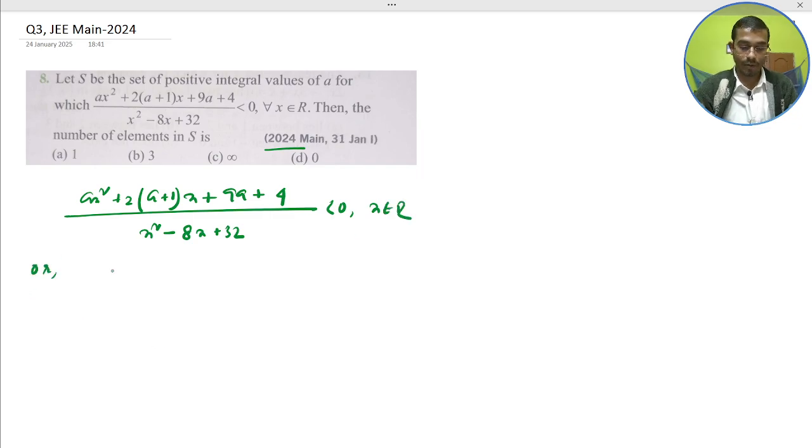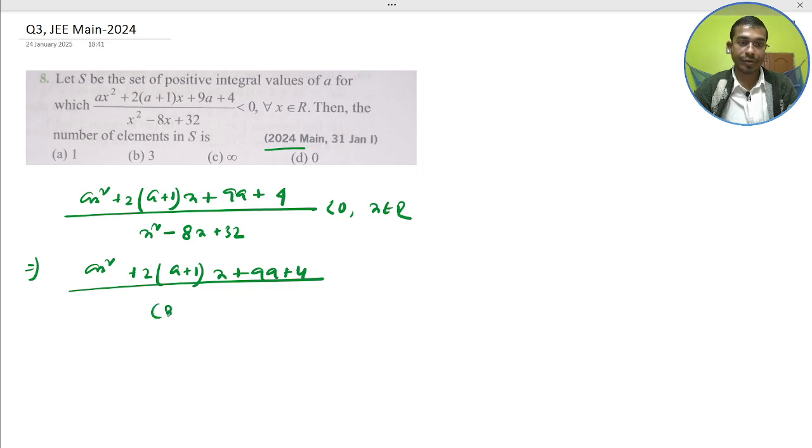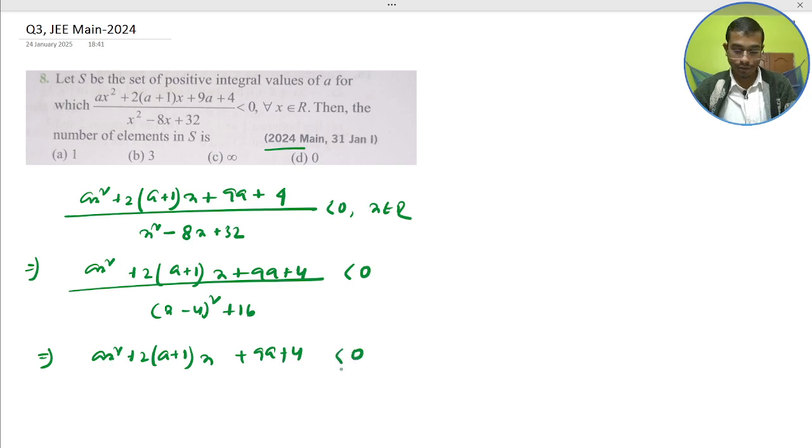This is an inequality, so here we write: x square plus 2 into a plus 1 into x plus 9a plus 4, divided by x minus 4 whole square plus 16, is less than 0. That implies x square plus 2 into a plus 1 into x plus 9a plus 4 is less than 0.